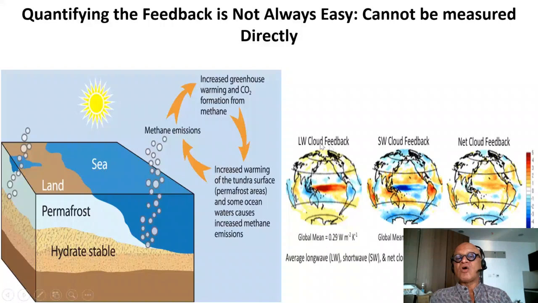So we have long wave cloud feedback and short wave cloud feedback. So it's about whether they are trapping more long wave than before because of the perturbation, or they are changing the short wave reaching the surface. And you can see that they are not uniform. At high latitudes where there is a net energy loss, there is a slight positive feedback.